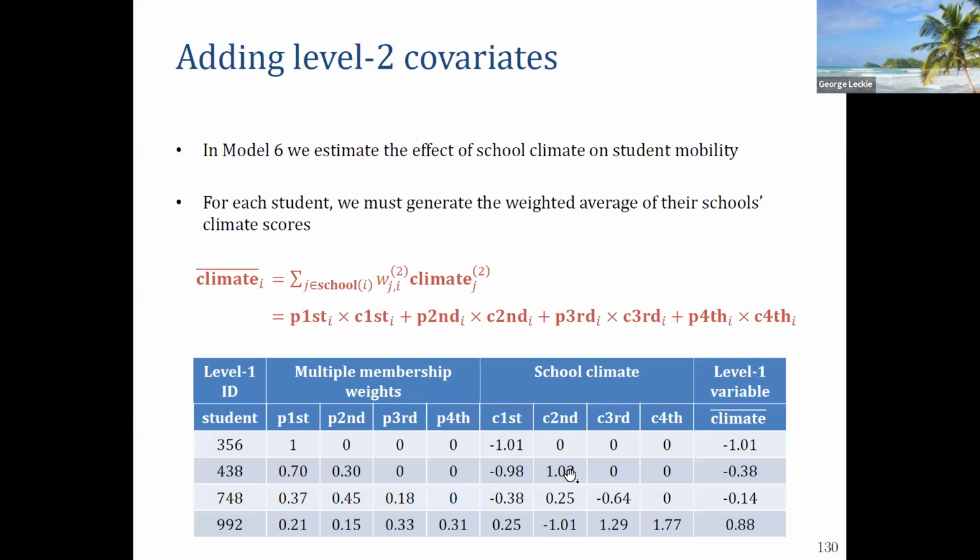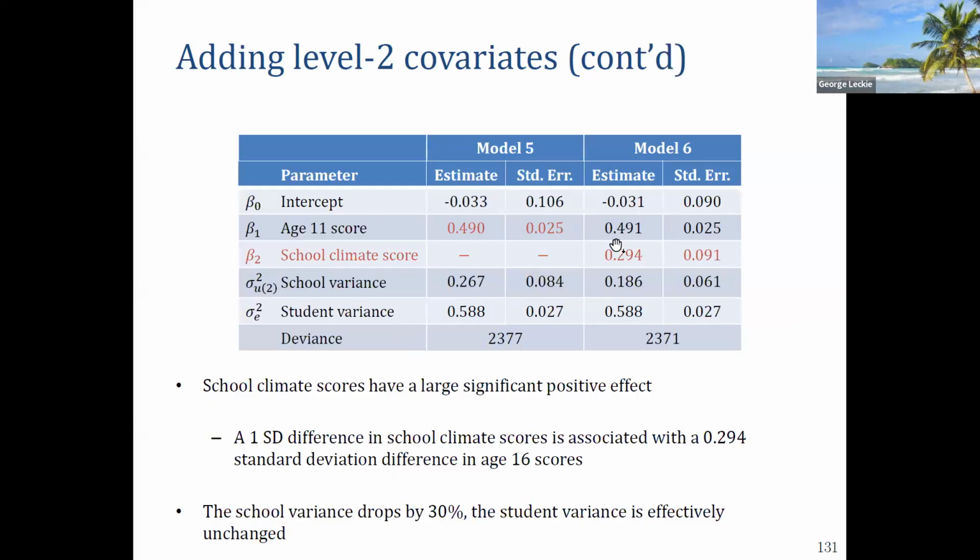The school climate for the second school is 1.03. We need to do 0.7 times the first number plus 0.3 times the second, and that will give us the average, the weighted average. Okay, so we just do that for every kid, respecting the sequence of schools and the proportions of time of their climate values. So there's a bit of data manipulation. But once you've generated that variable, you can put it into the model. And there it is, it goes in there.